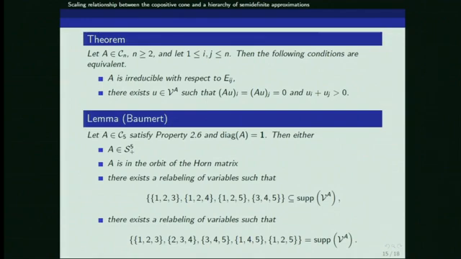If you have some matrix here that satisfies this property 2.6, then either it's a semi-definite matrix, or it's in the orbit of the Horn matrix, or it has these types of zeros.